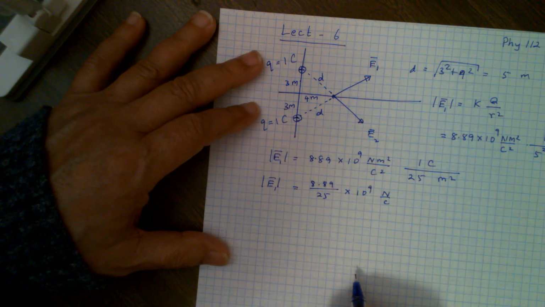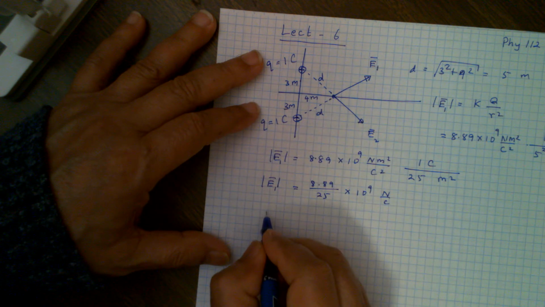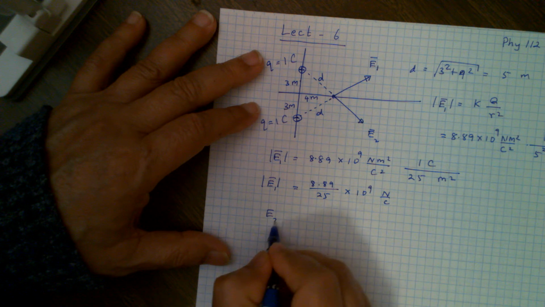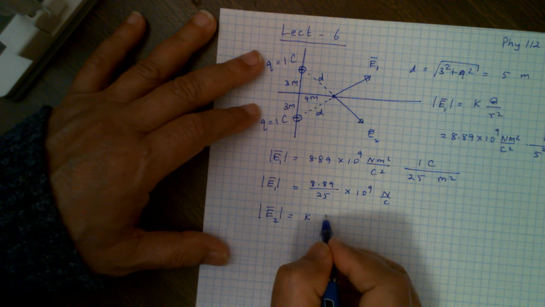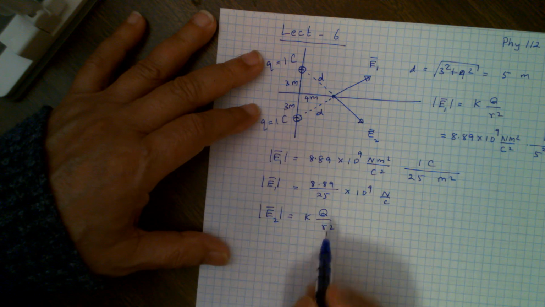So what about coming from charge number 2? From charge number 2 it will be the same, because the magnitude of E2 is also KQ by R squared. Again, Q is 1 Coulomb, the same.